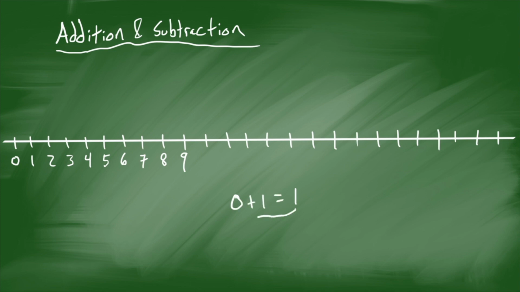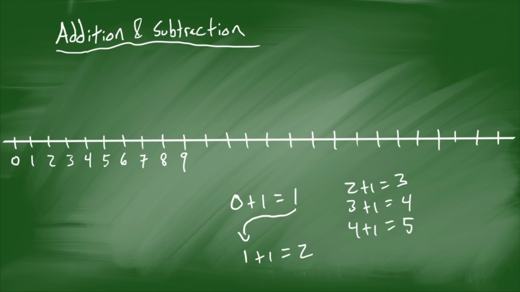You take that number and you start over. 1 plus 1 equals 2. 2 plus 1 equals 3. 3 plus 1 equals 4. 4 plus 1 equals 5. 5 plus 1 equals 6. 6 plus 1 equals 7. 7 plus 1 equals 8. 8 plus 1 equals 9.